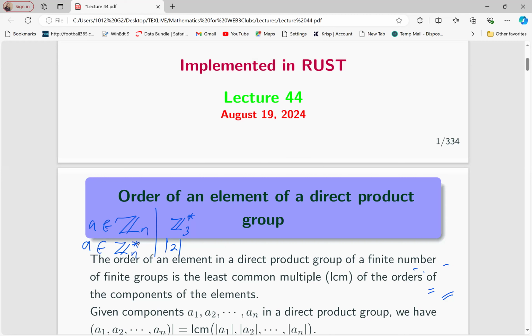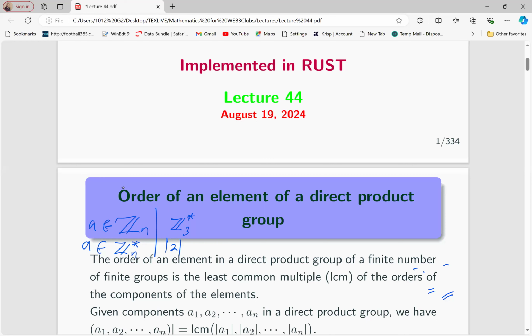So the question is, what's the order of 2 in Z3?